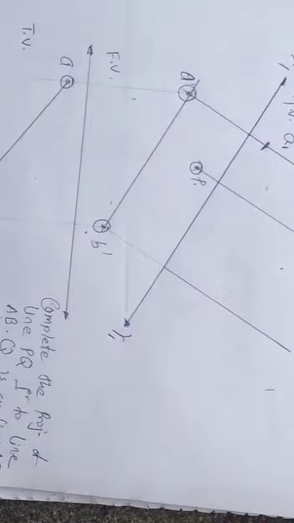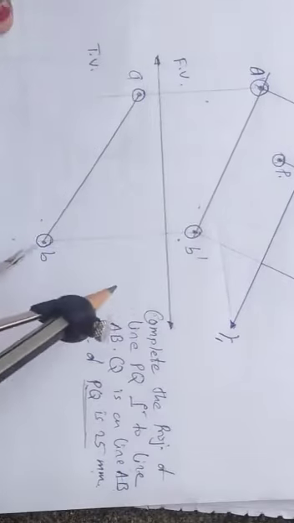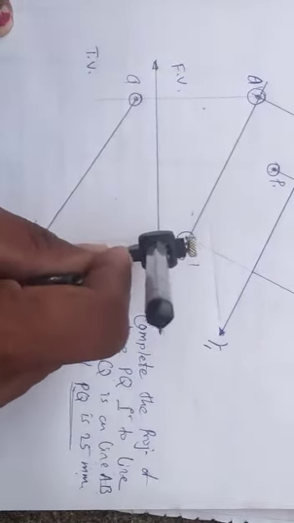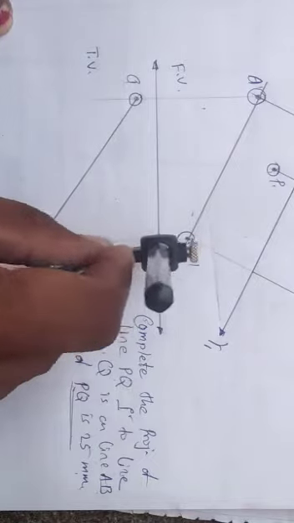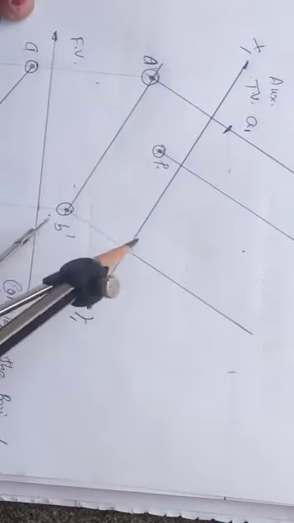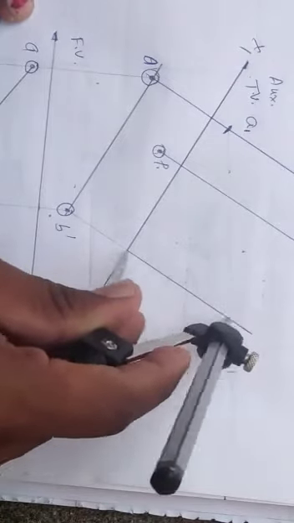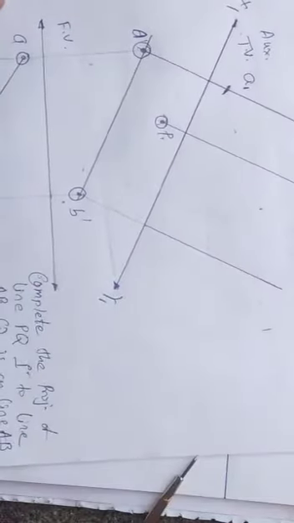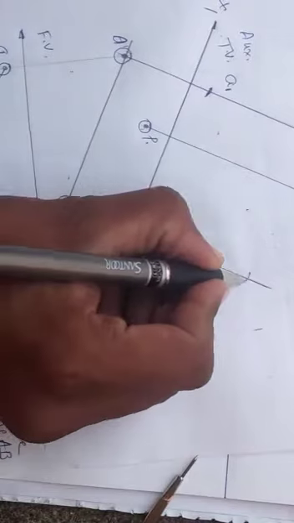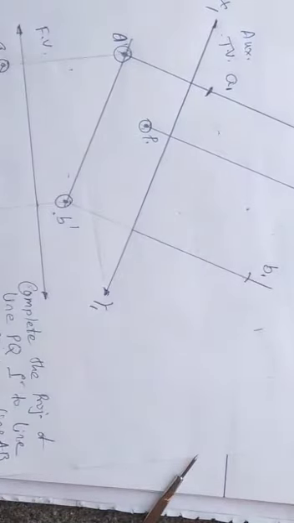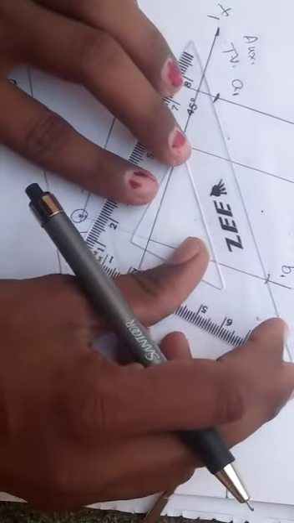Then similarly measure the distance of point B from xy and plot it on the projector of B from x1 y1. So here we will be getting point B, we will number it B1. Then join A1 B1.